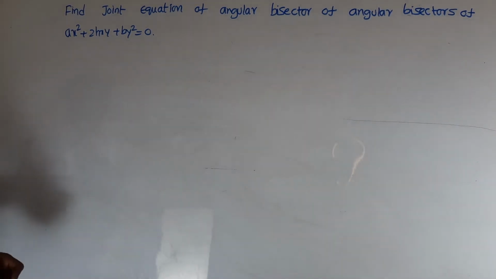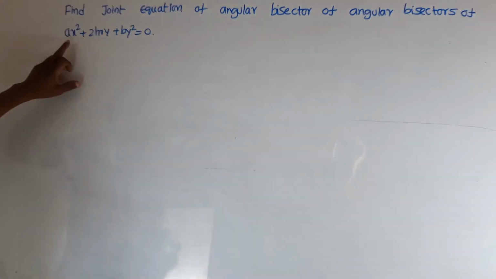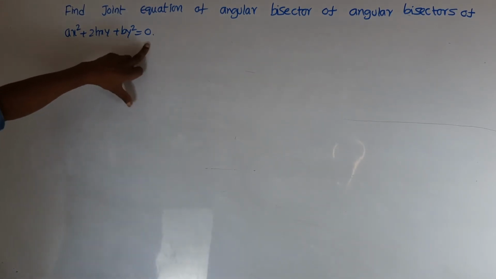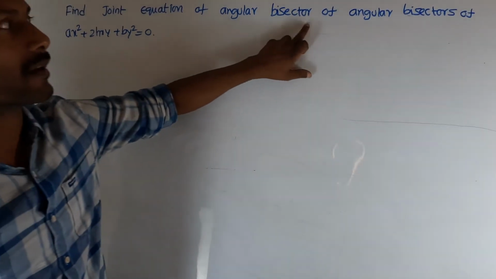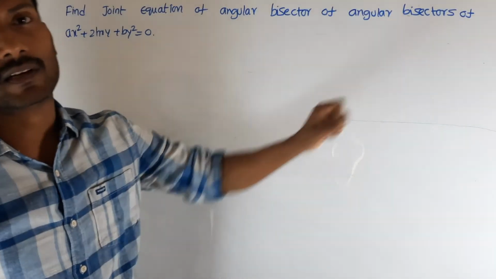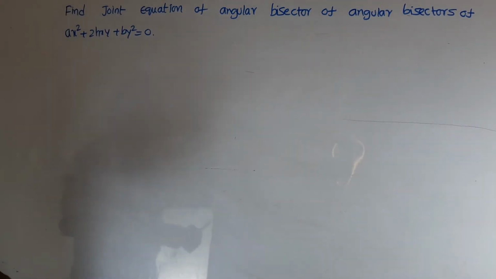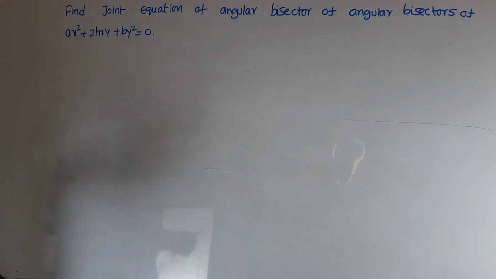Find the joint equation of angular bisector of ax square plus 2hxy plus by square equal to 0. Your joint equation of angular bisector. First take the angular bisectors AB1, AB2. Then if we take another equation, angular bisectors AB3, AB4, it will get solved.